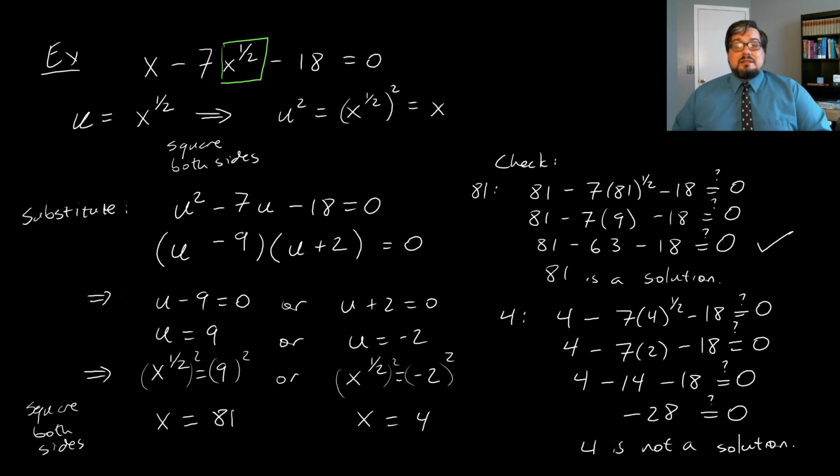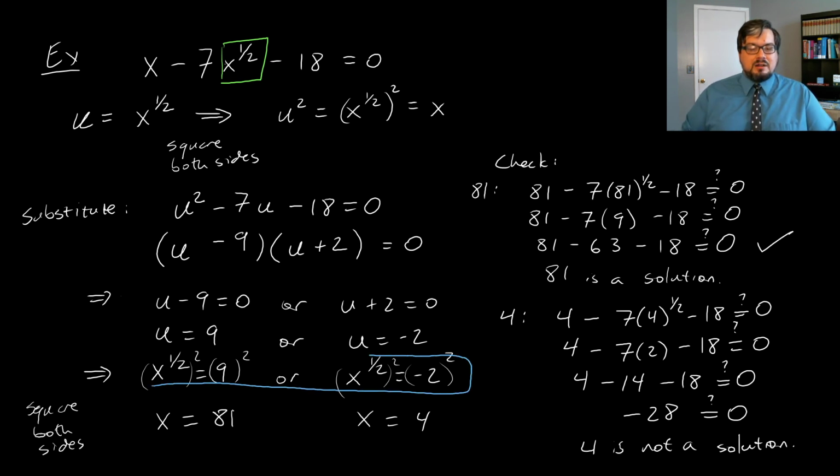Now, in this problem, there were actually 2 points where we might have arrived at an extraneous solution. The first is just doing substitution. Whenever you do a substitution, you run the risk of getting an extraneous solution, and you always have to go back and check your work. But we also had this step near the end where we squared both sides of an equation.